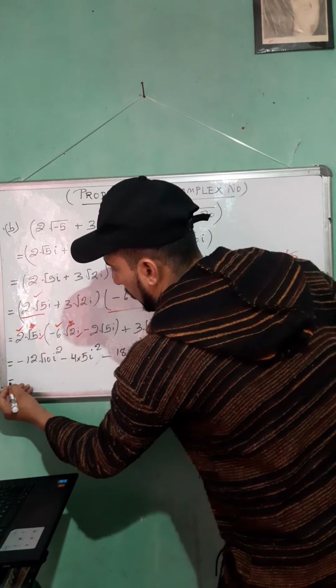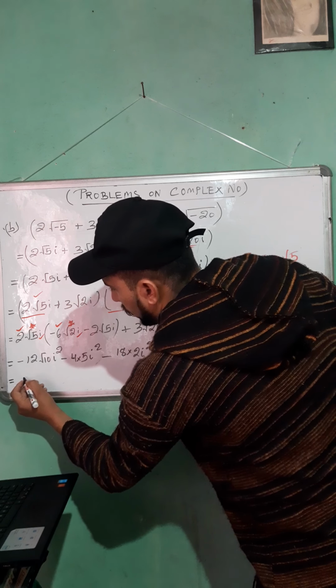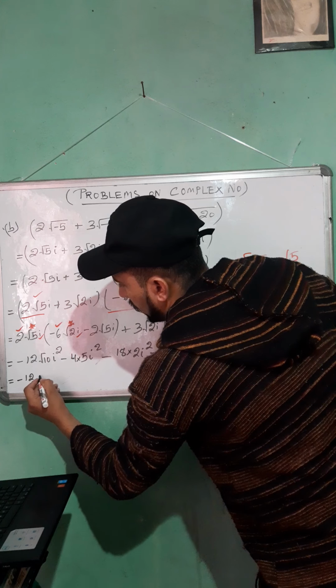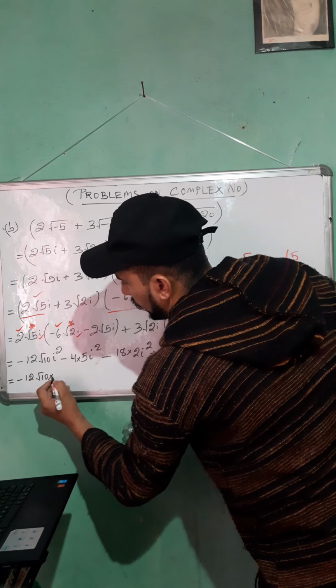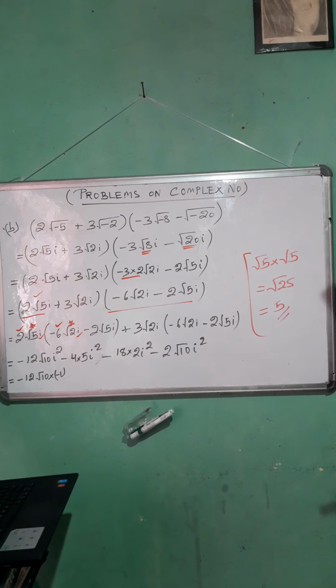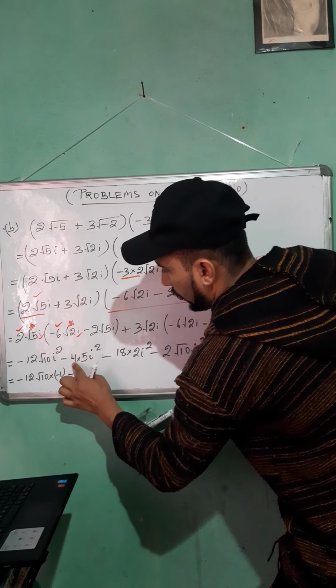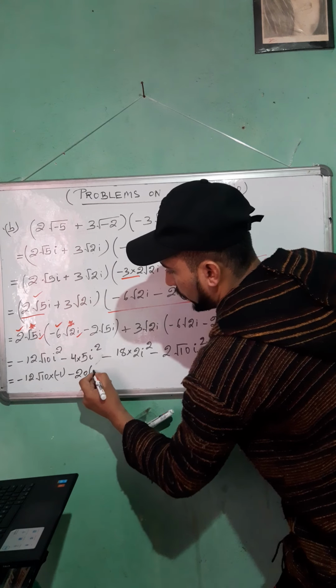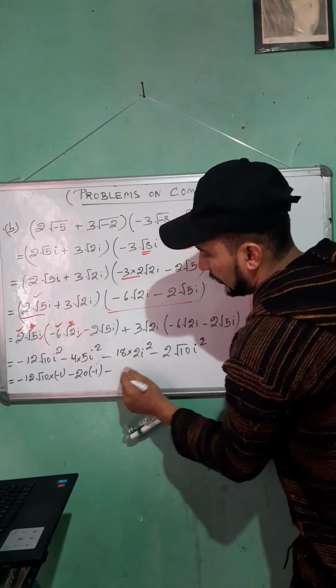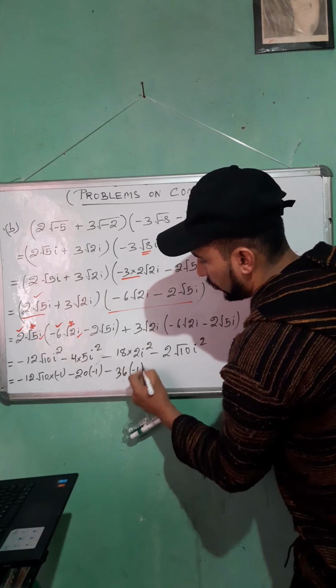Now this minus 12 root 10 into i square, the value of i square is minus 1. Minus 20 into i square, i square is minus 1. Minus 36 into i square, i square is minus 1.